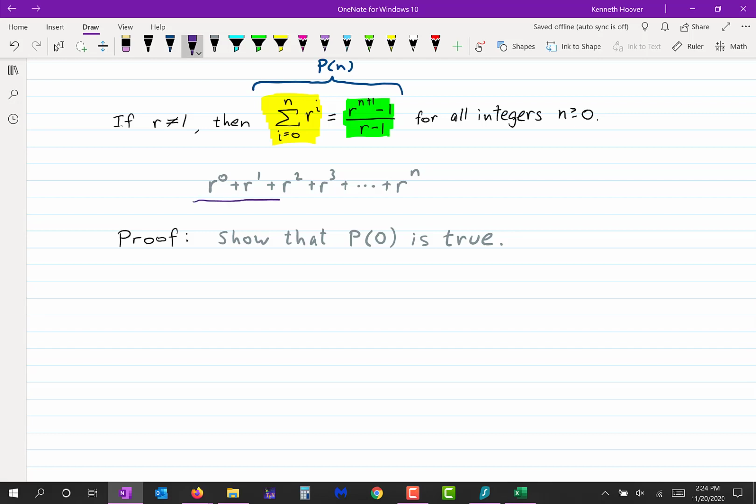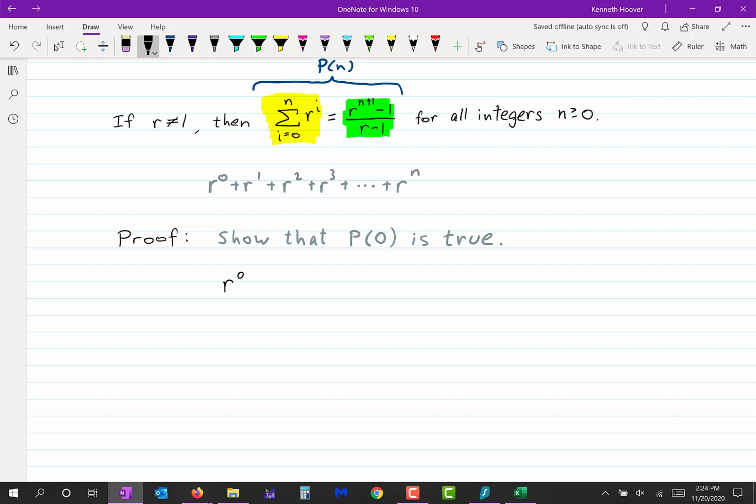Well, it would be this, stopping at what point? Stopping when the exponent is 0. In other words, it would just be that first thing. Okay? So it would be r to the 0. That's the yellow part.